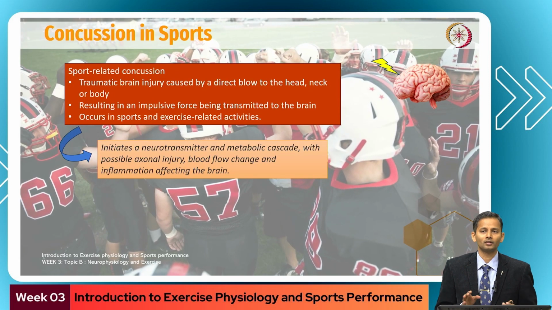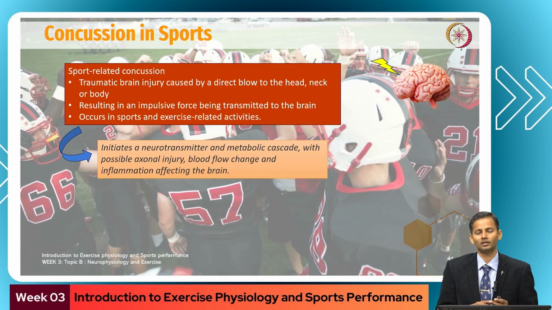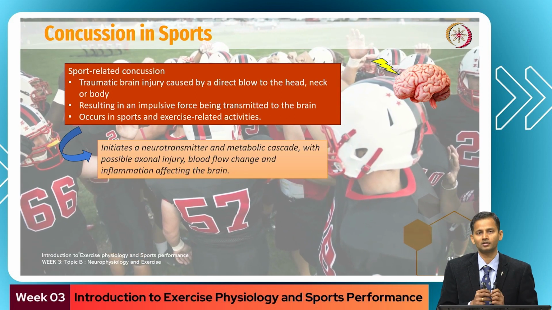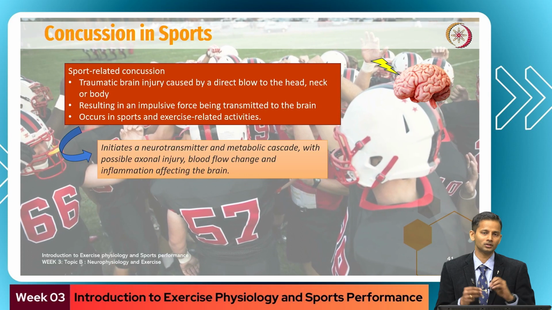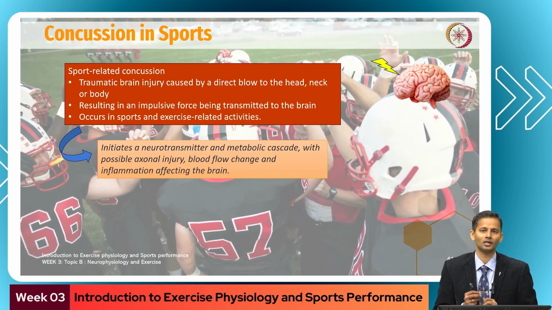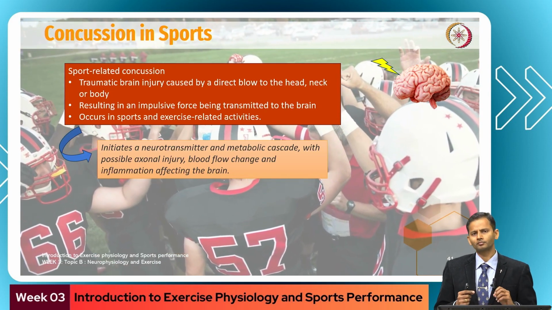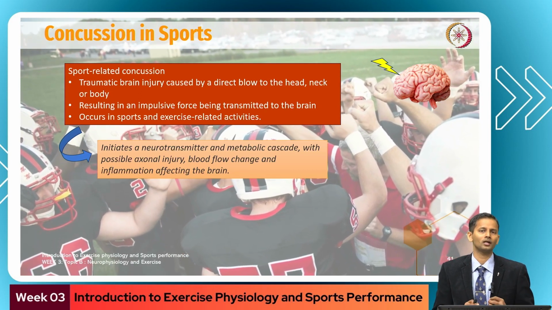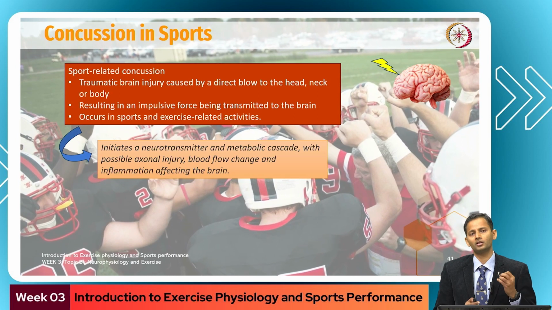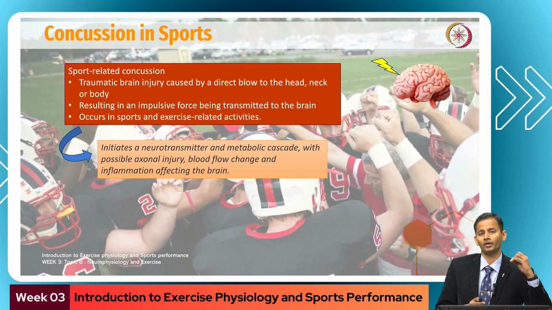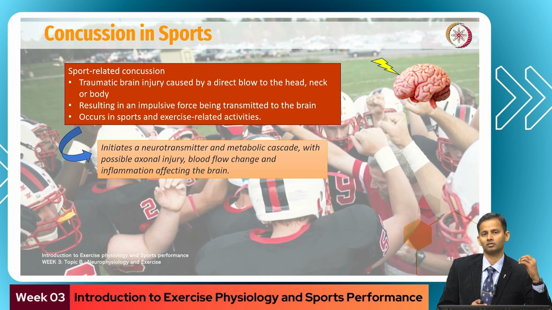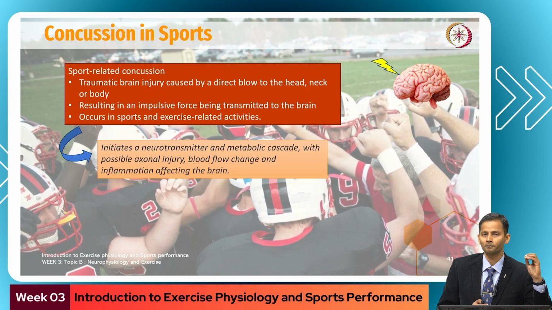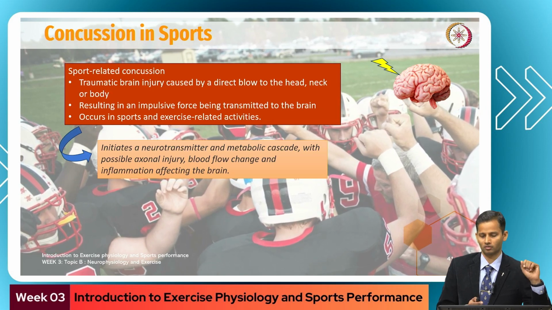It will not be complete if I don't cover the important aspect of concussion in sports when I cover this module of neurophysiology and exercise. Even though it is more of a traumatic event, concussion can have a major fatal outcome if it is not properly recognized.